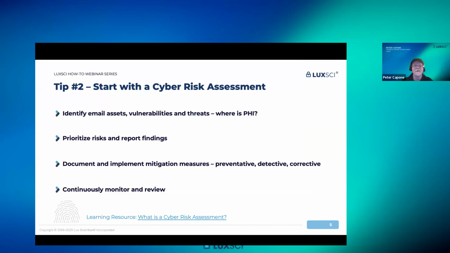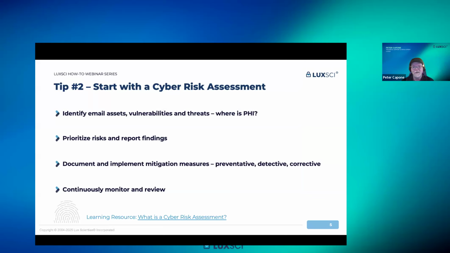Whenever you're starting out with HIPAA, you want to make sure you do a security risk assessment. You want to know where your vulnerabilities lie. If you're doing primarily email, you want to make sure that PHI is not included in subject lines, and that it's not given out in from metadata.